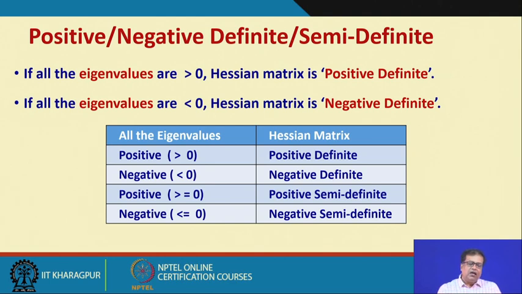If all the eigenvalues are negative, then we call the Hessian matrix negative definite. And if all the eigenvalues are greater than or equal to 0, that means positive but greater than or equal to 0, then we call the Hessian matrix positive semi definite. And finally, if all are less than or equal to 0, then we call the Hessian matrix negative semi definite.